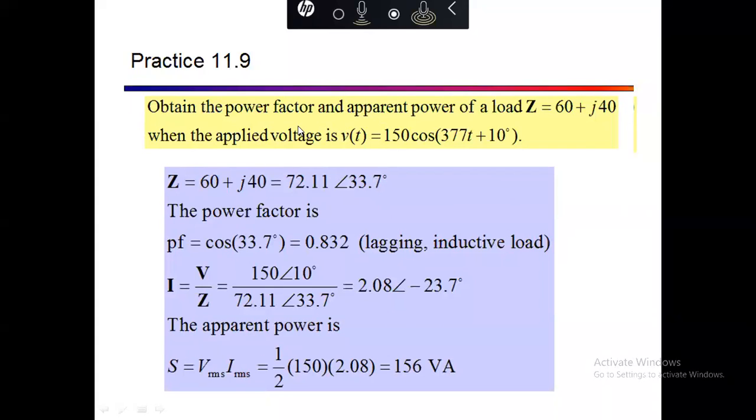We already learned how to calculate the apparent power and the power factor of the load.